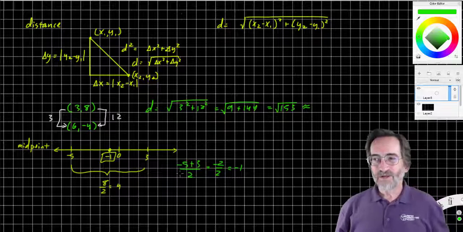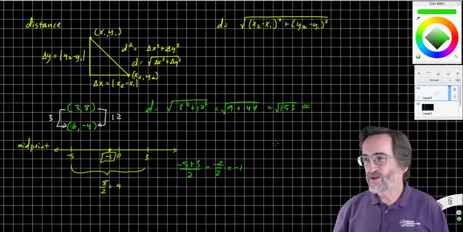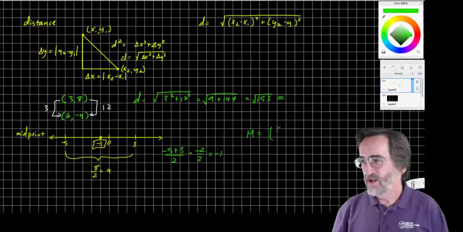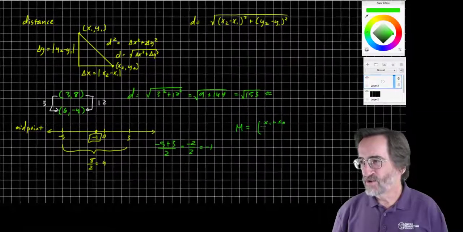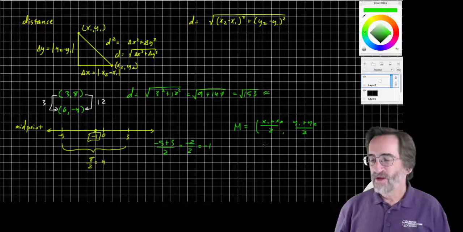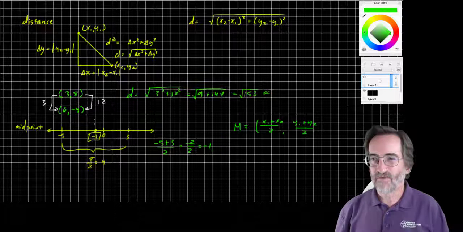And so it turns out that the average of the two coordinates works. All the midpoint formula is an average of two coordinates: x1 plus x2 divided by 2, comma, y1 plus y2 divided by 2. And let me do it in the case of (3, 8) and (6, -4).